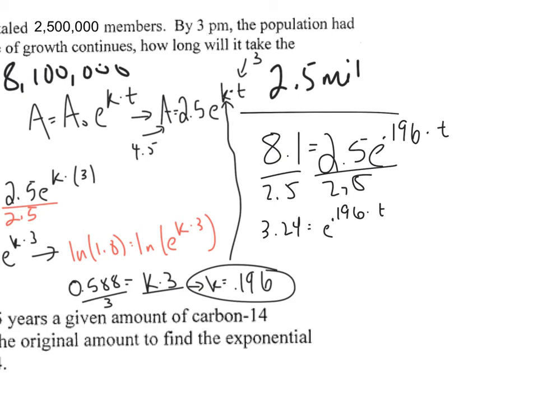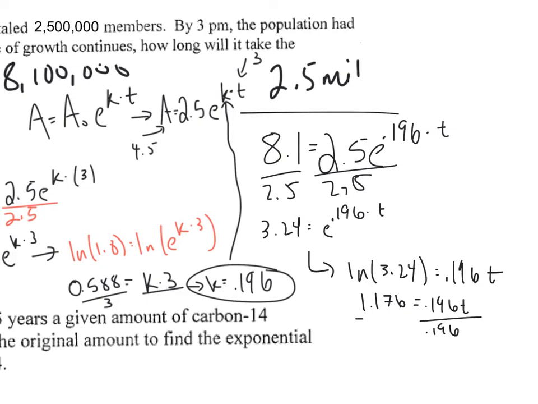When we take the natural log of both sides, we get the natural log of 3.24 is equal to 0.196 t, which gives us 1.176 is equal to 0.196 t. Divided by 0.196, t is about 6 years. Okay, it's actually 5.999, repeating, but I will call it 6 years.